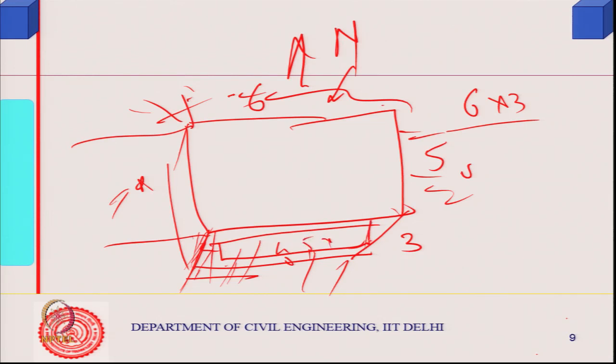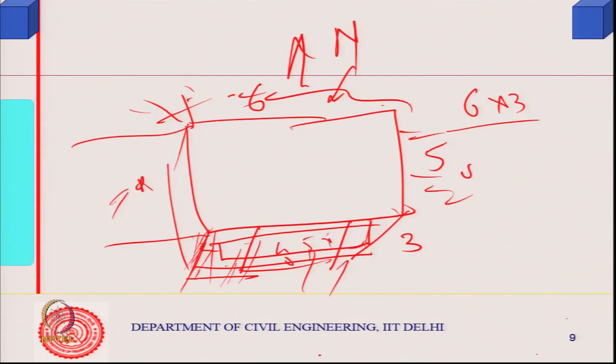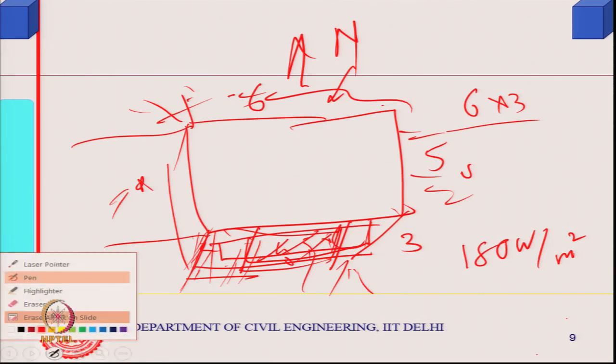So, the 2 meter window is partial only, not full. The sun's radiation will fall onto this, and this average is given as 180 watt per meter square.